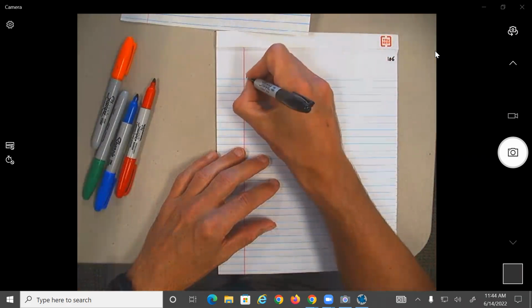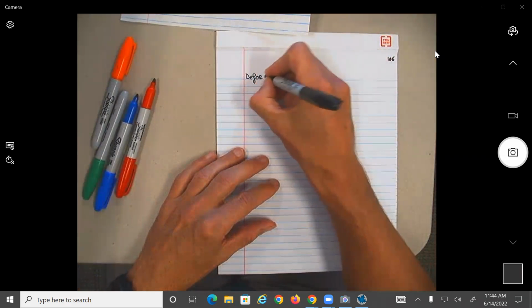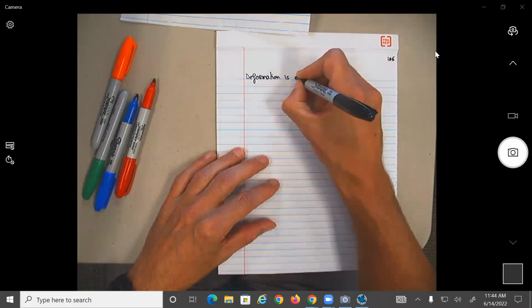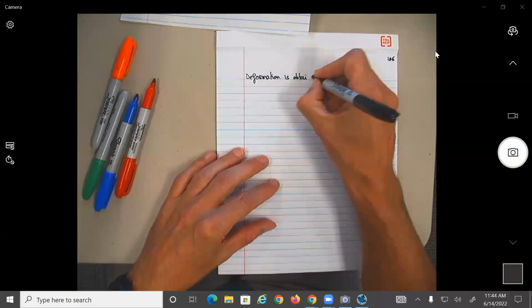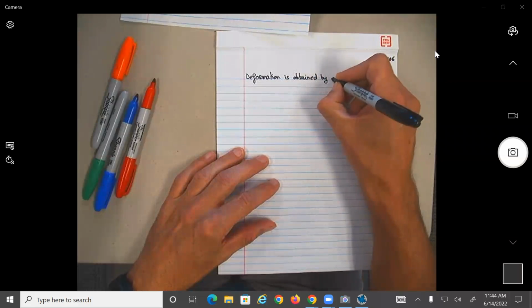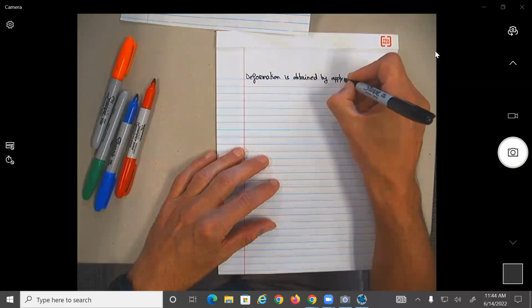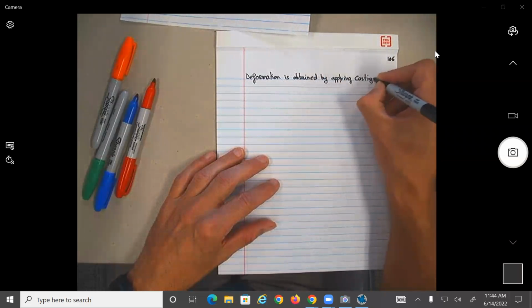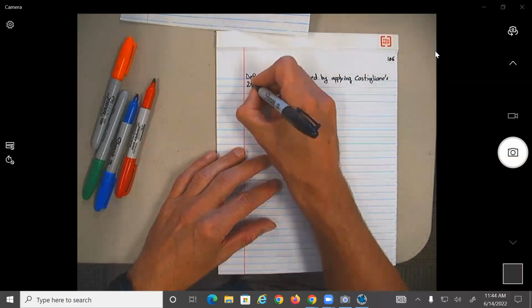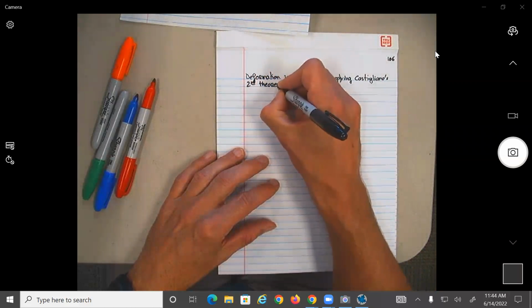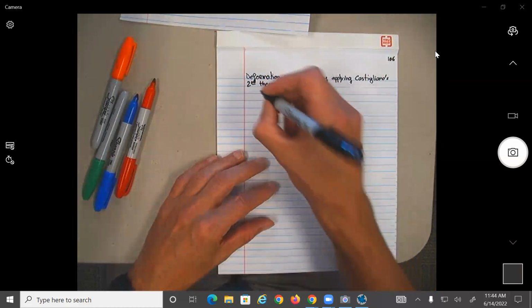So deformation is obtained by applying Castigliano's second theorem or principle, I don't know how we call it, which basically was what?